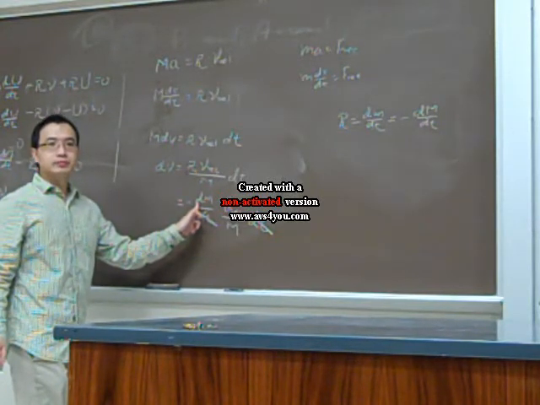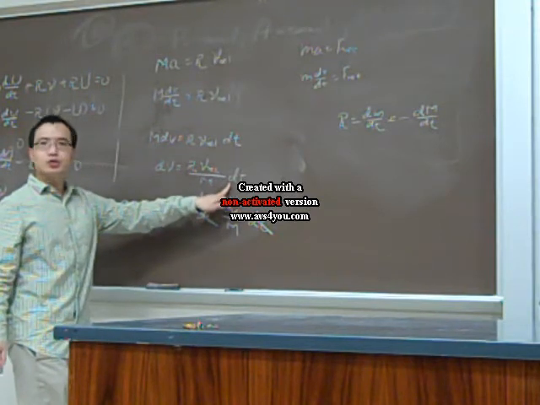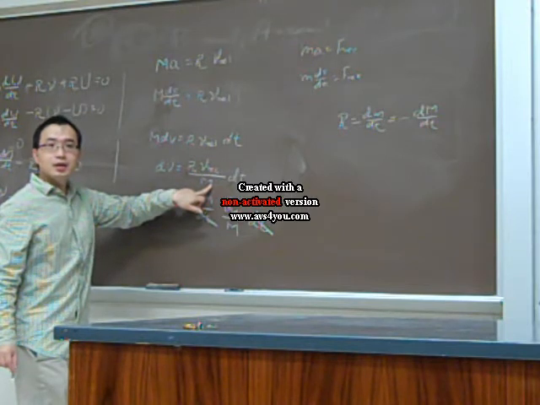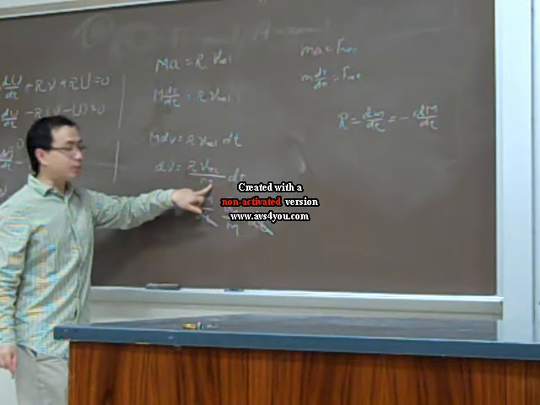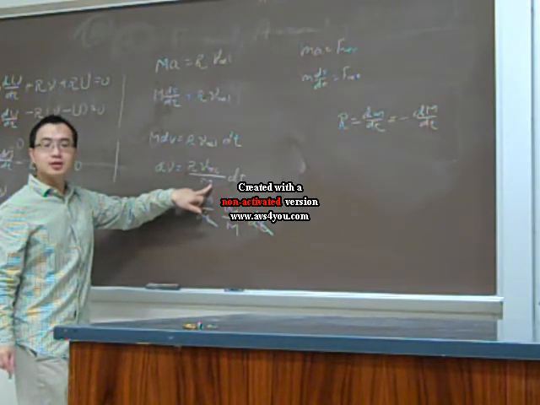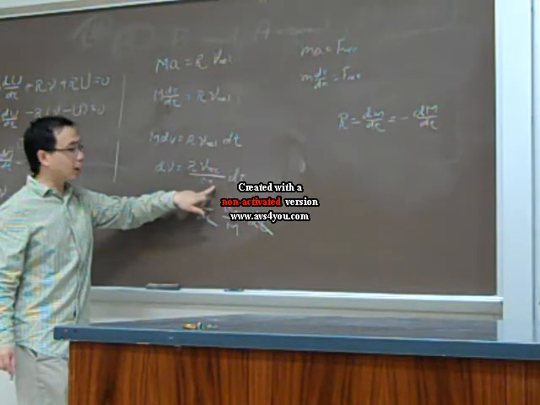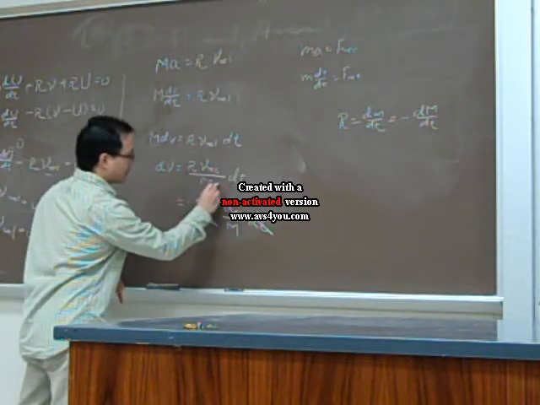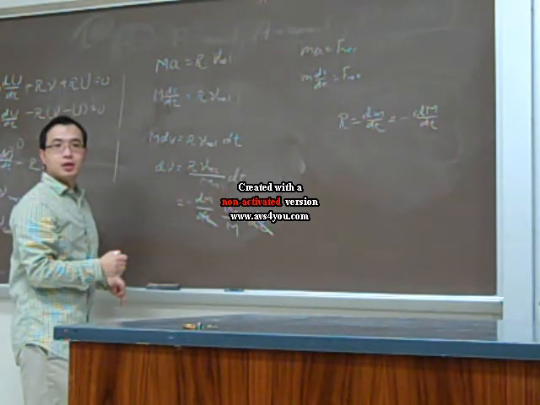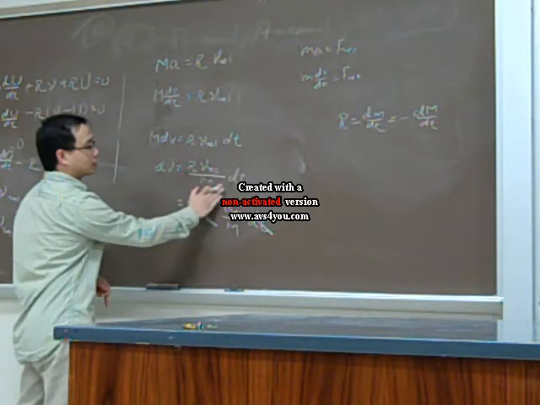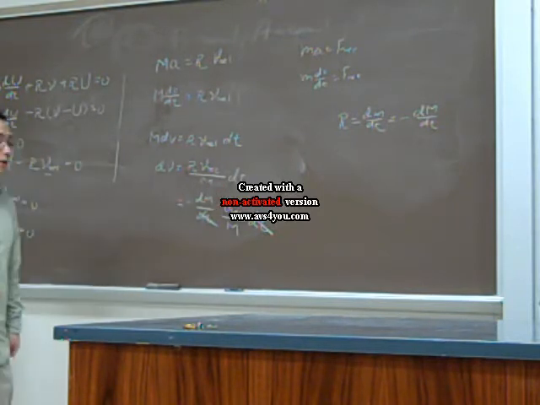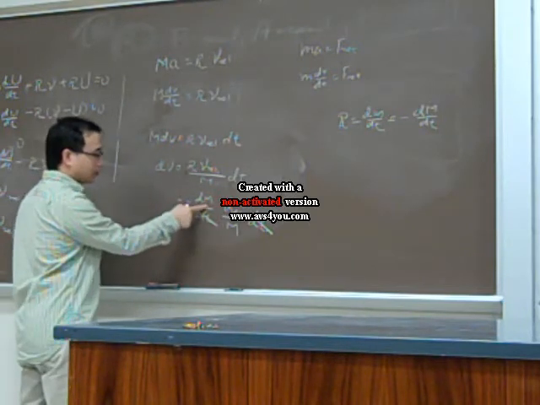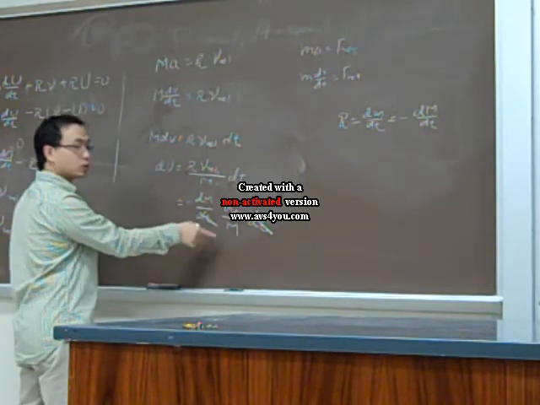This one is very hard to integrate at this point, because unless you know the functional dependence of the mass on the time t, you cannot evaluate this integral, right? Because the mass is changing, it's a function of time t, but you don't know the dependence right now. So we change it back to the variable mass itself. This integral can be done.